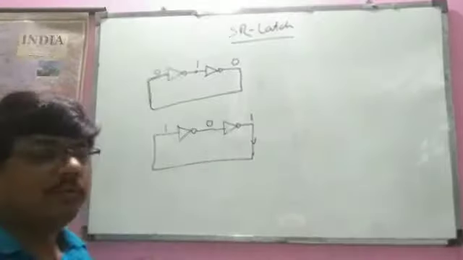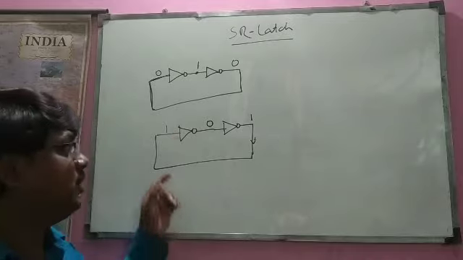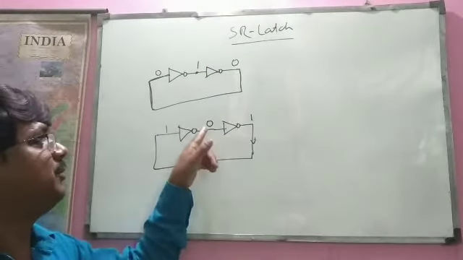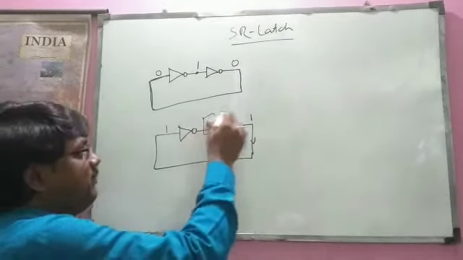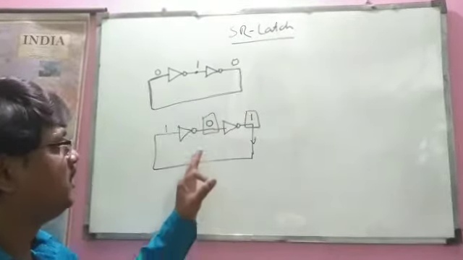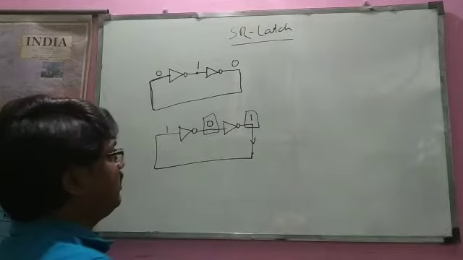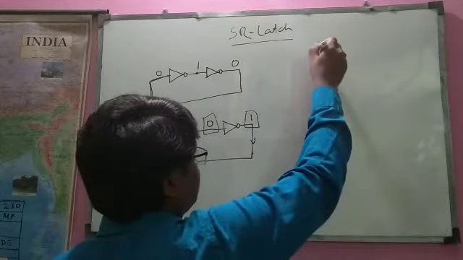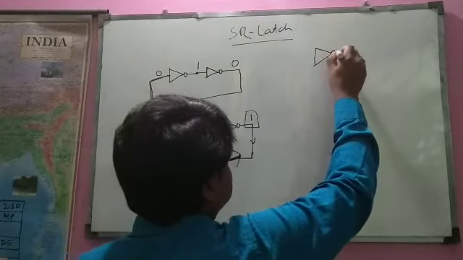Okay, so what will happen? It will remain in the 0 state, and it will remain in the 1 state. So one more thing one can say, put it like this.